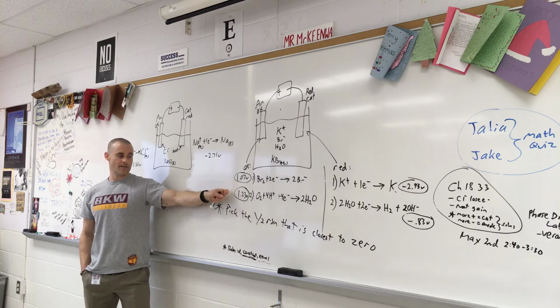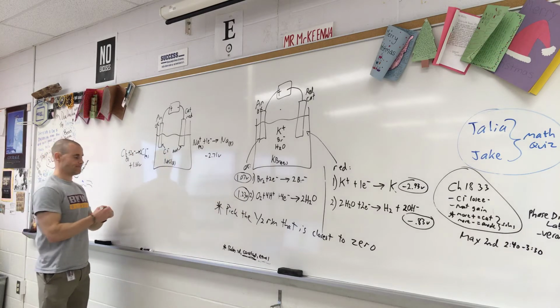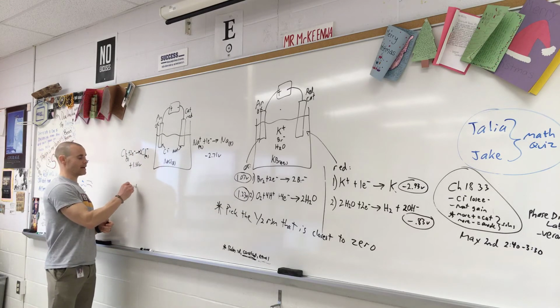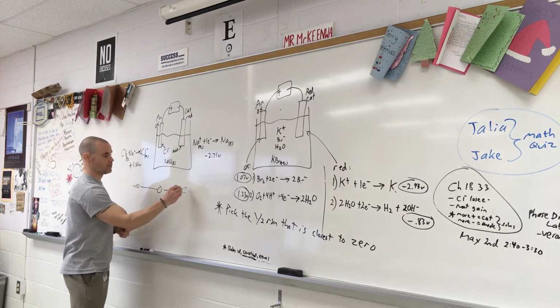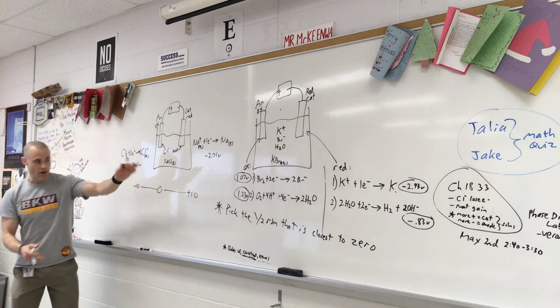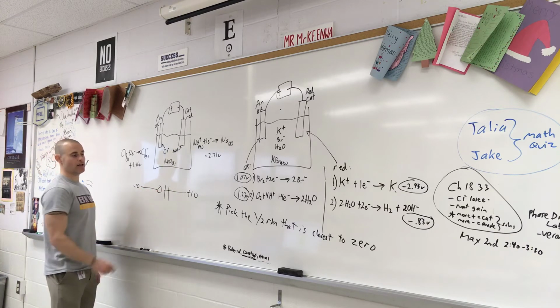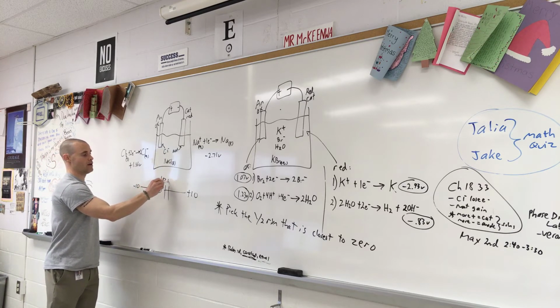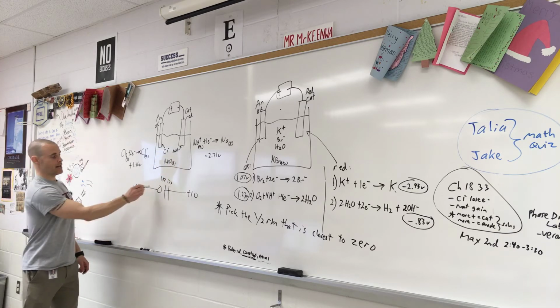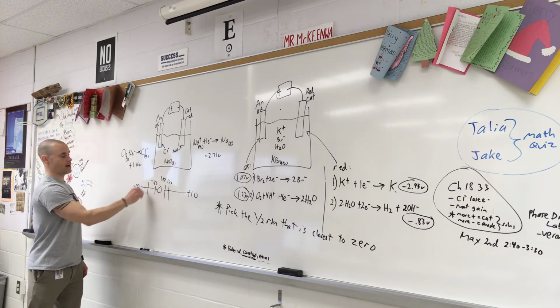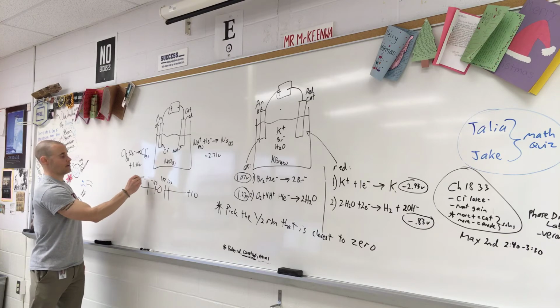So out of these two, and think of like a number scale, right? So you have like negative 10 to 0 to positive 10, right? Where would these half reactions be? All right, well, we have a 1.07 and a 1.23, right? 1.07, 1.23. Then you have a negative 0.83, and then you have a negative 2.93.